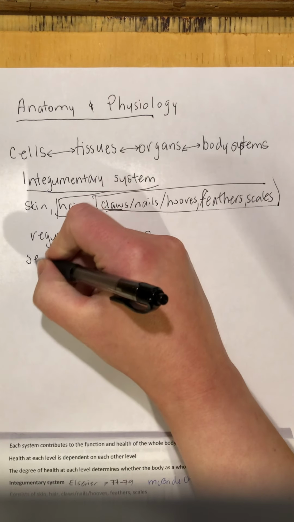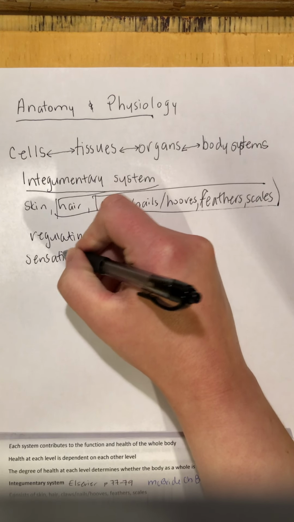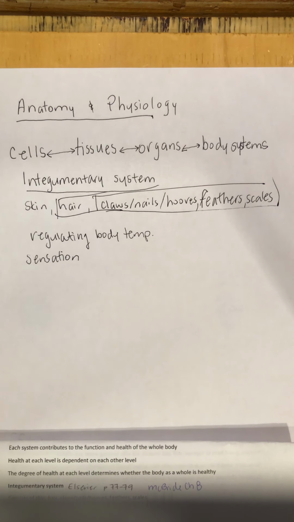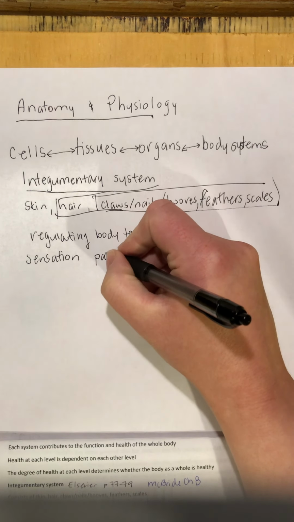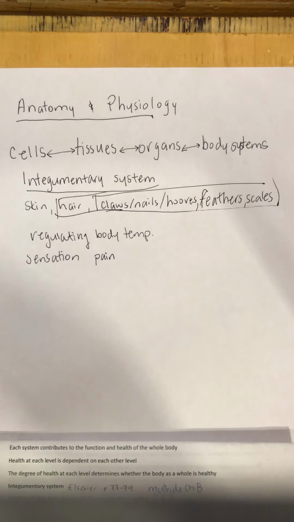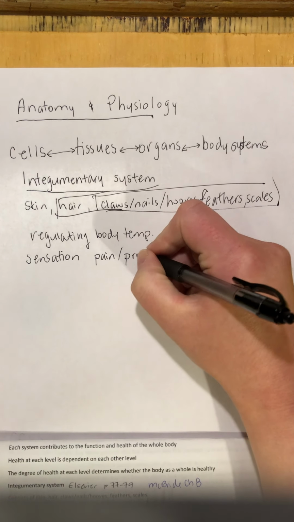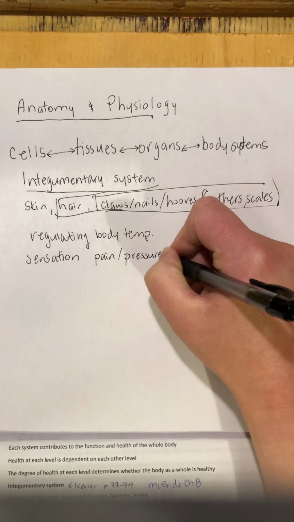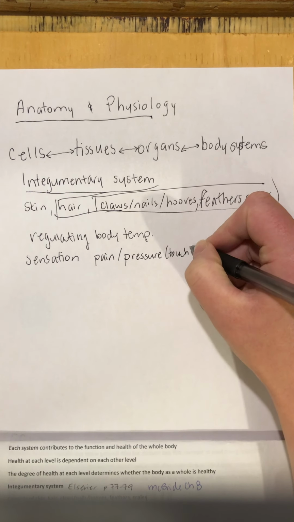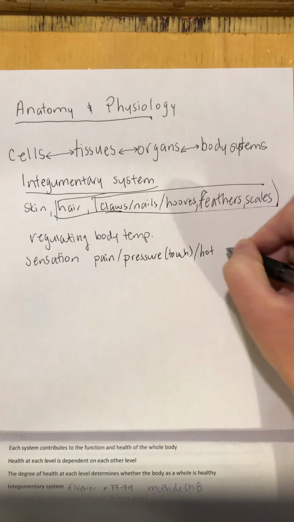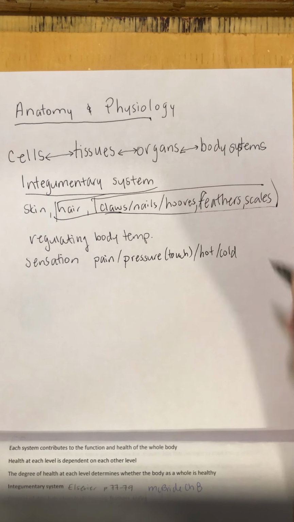Another thing that the skin and the integumentary system is responsible for is sensation. We can feel, and pets can feel, pain through the skin. They can feel pressure. That's like the sense of touch, right? I'll just put touch. They can feel hot and cold.